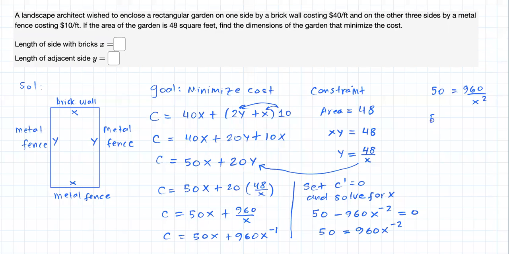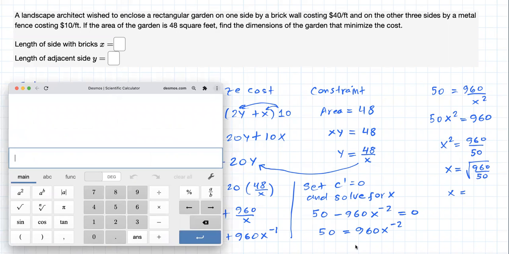Multiplying by X squared on both sides, 50 times X squared equals 960, right? Which means that X squared is 960 divided by 50. And finally, X equals the square root of 960 over 50. But what is that? Let's calculate this in our Desmos Scientific Calculator.